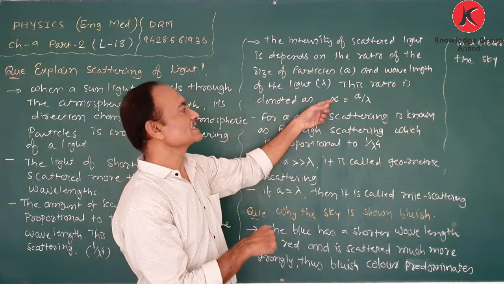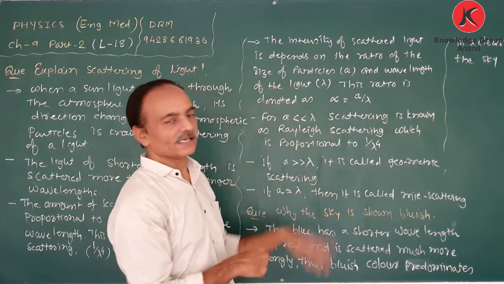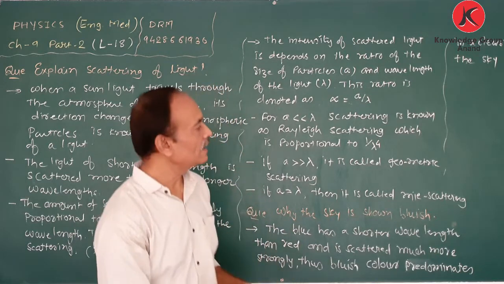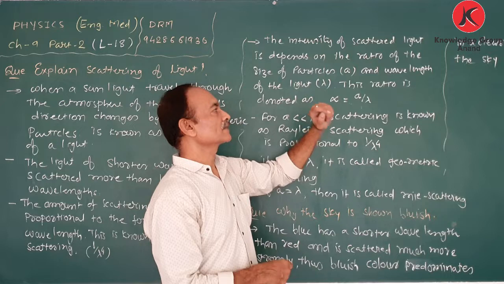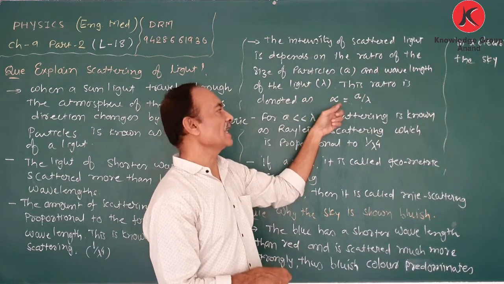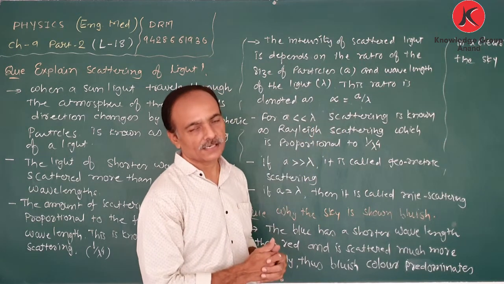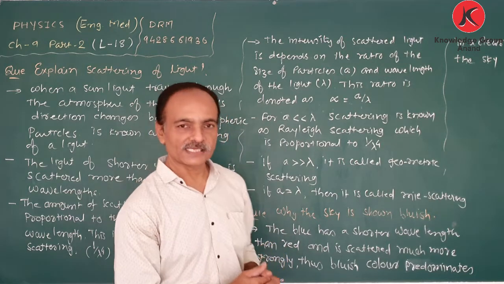That means it depends upon a upon lambda, where a is the size of a particle and lambda is the wavelength of the light. Therefore, this ratio is denoted as alpha equals a upon lambda. Clear this?